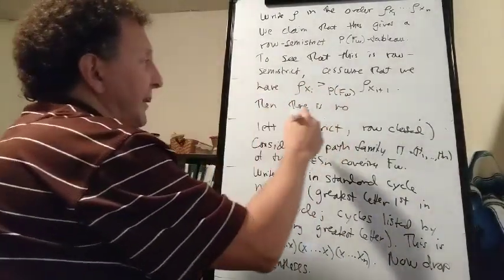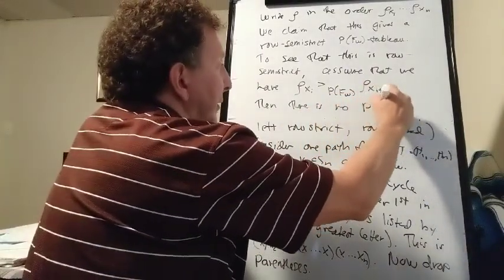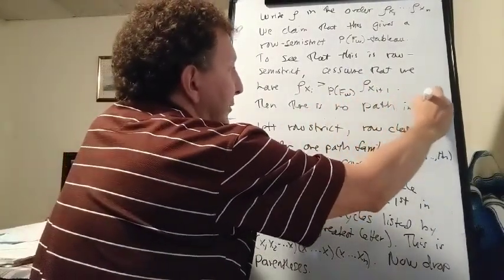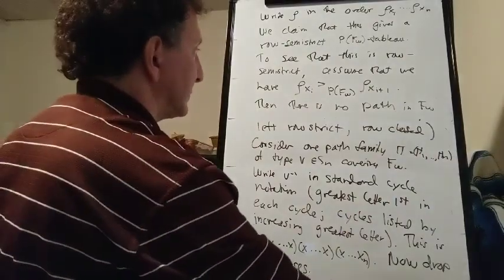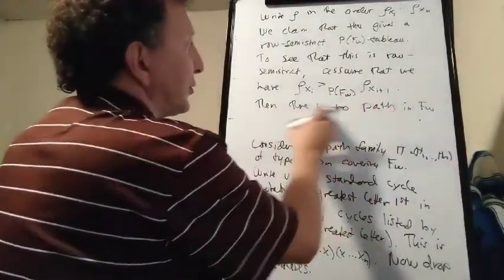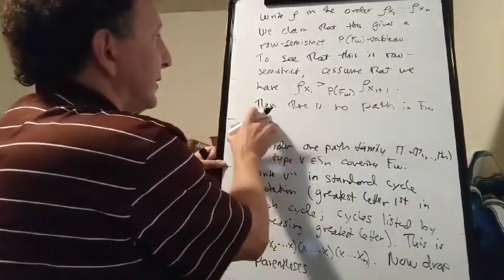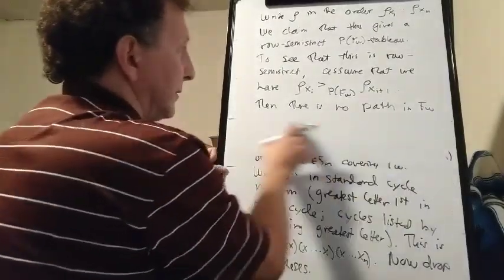If we have that, that means that there is no path in Fw from source xi plus 1 to sink xi.